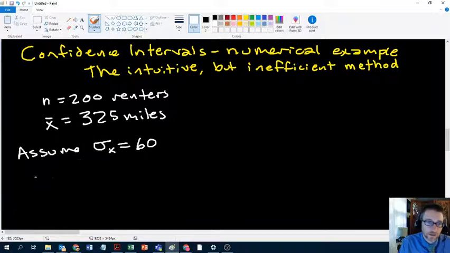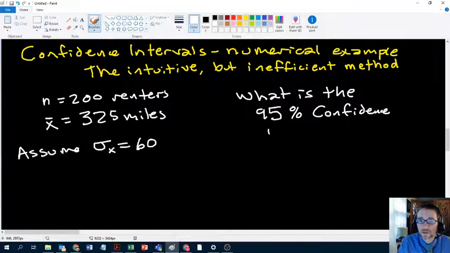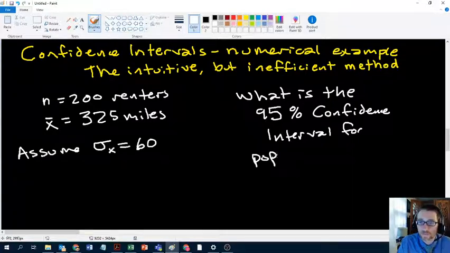And what we want to know is, what is the 95% confidence interval for the population mean, for mu x, the population mean.